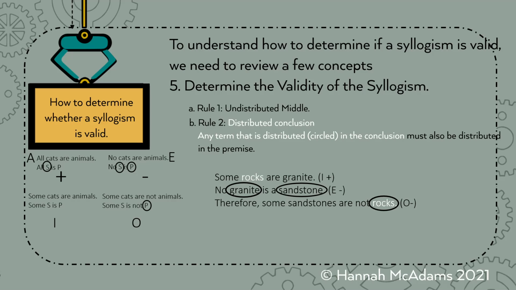But it's not. So it is breaking a rule. And this rule is called illicit. And then we have to decide, is this the major term or the minor term? It's breaking rocks, right? That's the major. Remember, go to the conclusion, go to the end. That's a major term. So it's the illicit major.